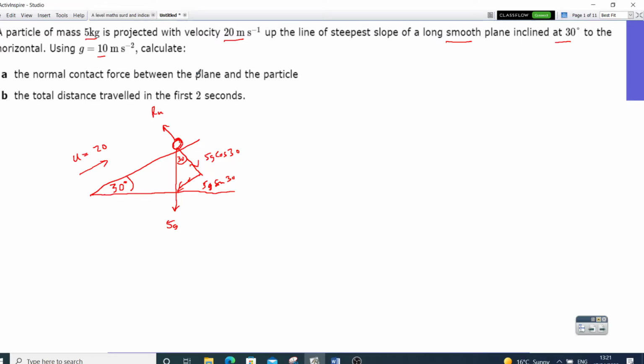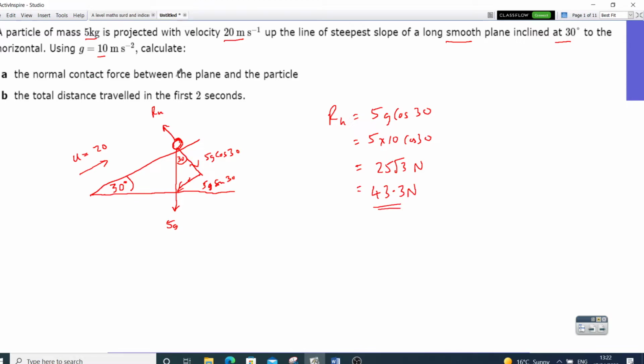We need to find the normal contact force between the plane and the particle. So the contact force, Rn, is equal to 5g cos 30, and we're going to treat g as 10, so 50 cos 30, and you can just put that in your calculator. 50 times cos 30 will give you a contact force of 25 root 3 newtons, or let's see, 43.3 newtons is the contact force.